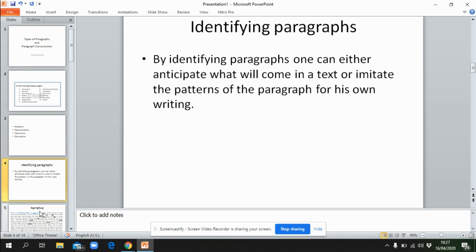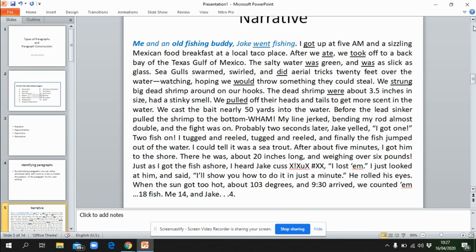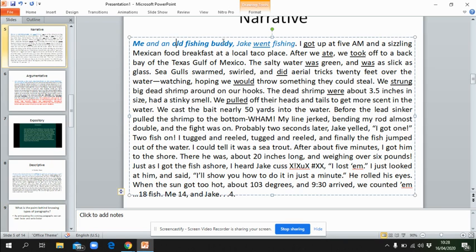Right then. The first type of paragraph is narrative. Whenever you sense a sense of story inside a paragraph, it should be a narrative paragraph. But most of the time, a narrative paragraph is indicated by the use of pronouns like me and other first-person forms, and the use of the past form of a verb.